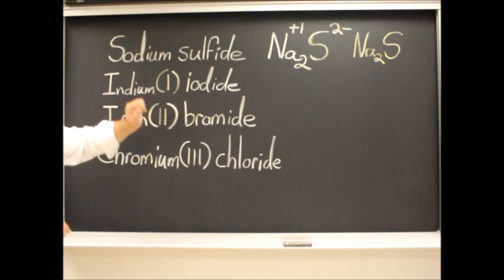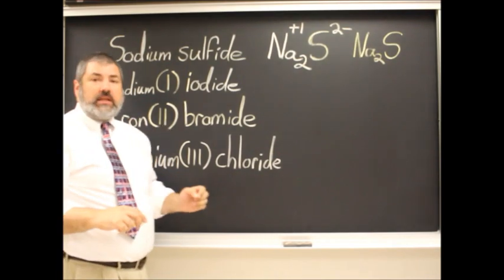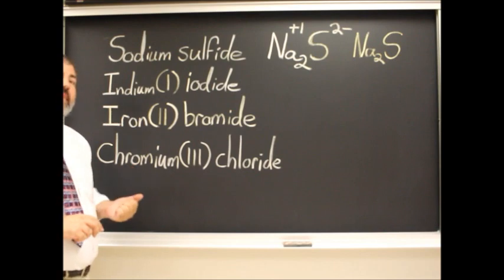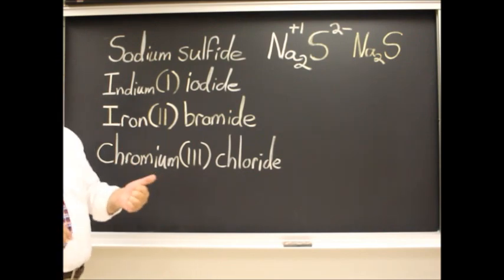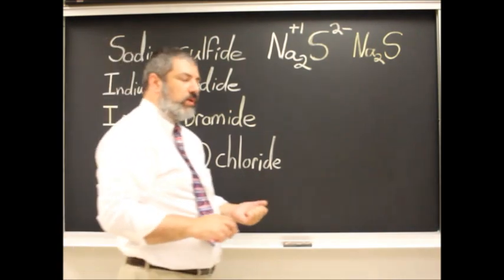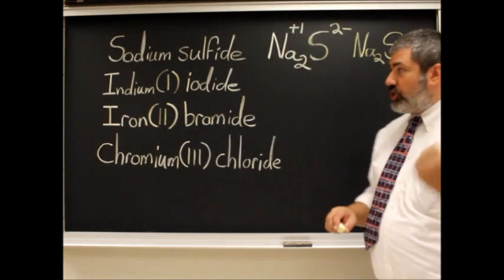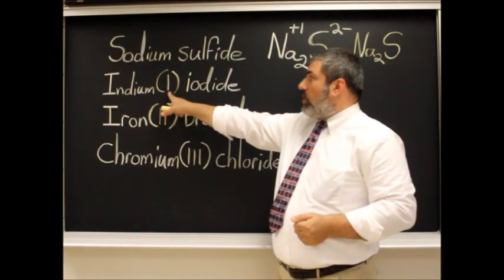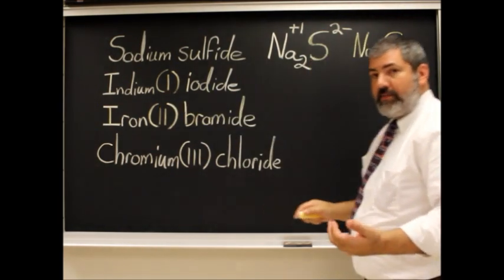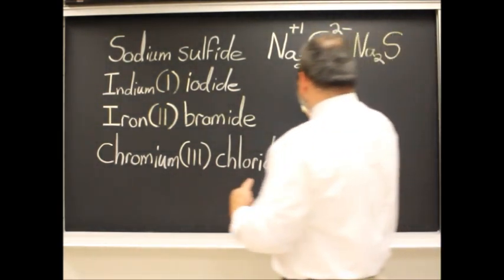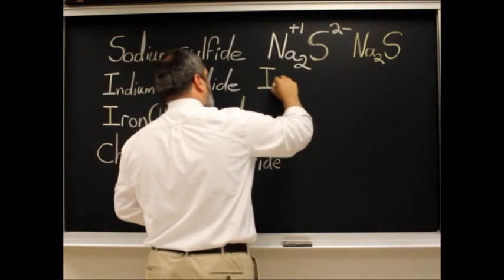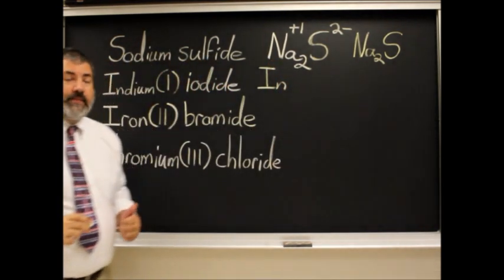Indium one iodide. Indium is in group 13 on the periodic table. What that means is it can have a +1 or a +3 oxidation state, a charge. In this name, you're explicitly told this is indium 1, so there's no ambiguity. Indium has the chemical symbol In.